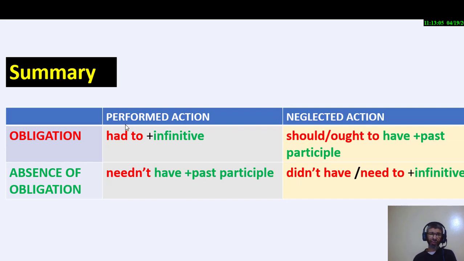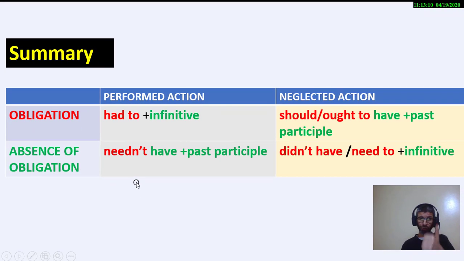For absence of obligation, if the action was performed, here we use needn't have plus past participle. But if the action was not performed, it was not necessary and was not performed, we use didn't have to or didn't need to, plus infinitive.